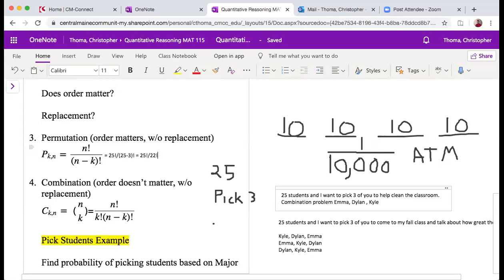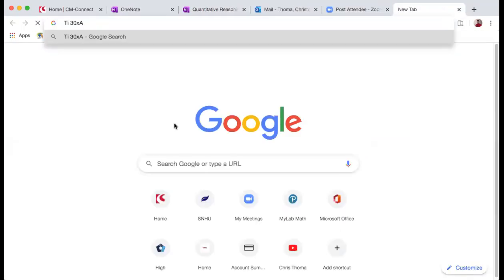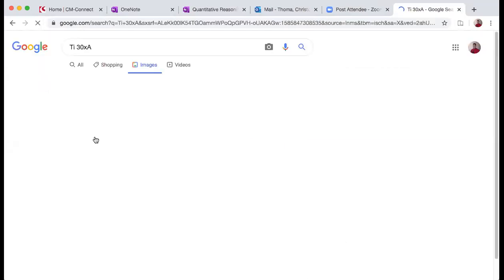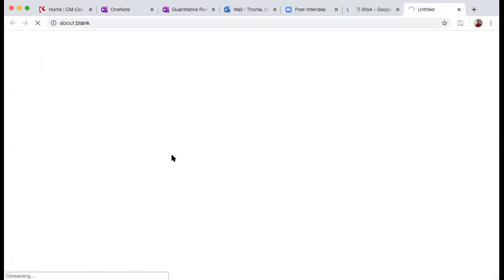Now, what is interesting here, see if I bring it up. TI, what is that calculator called? A 30X alpha? Images. Yeah, this guy here. This is what I think most of you have for a calculator, right?